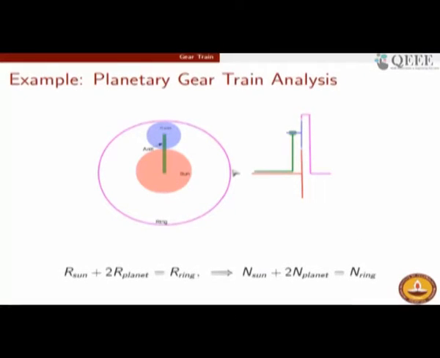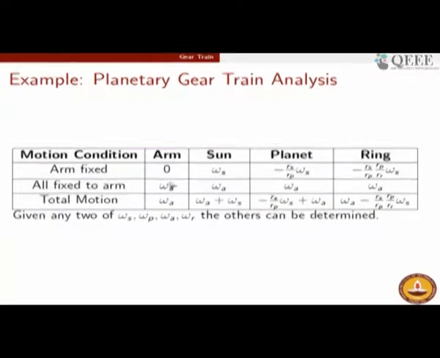When the arm is fixed, it is like a simple gear train wherein the motion from the sun can be conveyed to the motion of the planet. So if omega s is assumed to be the motion of the sun as observed from the arm fixed condition, or from the observer who is sitting on the arm, then omega planet can be referred to as minus rs by rp into omega s.